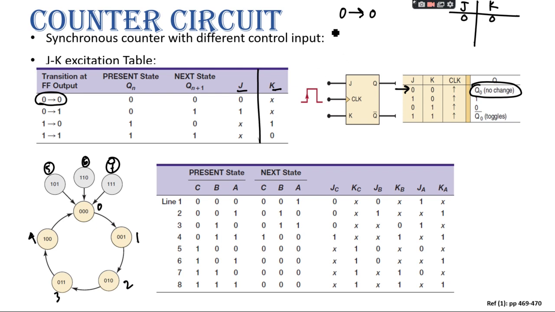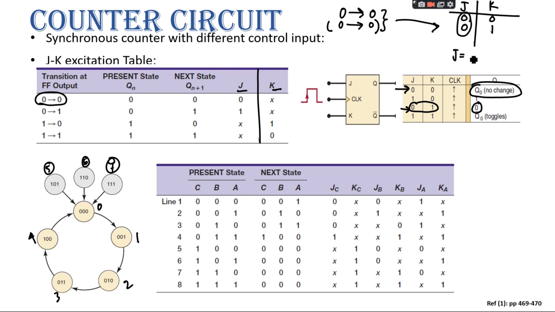What we can do here, whether we have 0, we need to go to 0. If we also put J 0, K 1, the output will be 0, right? Yes, sir. So if we combine both conditions, can you see what we can conclude?